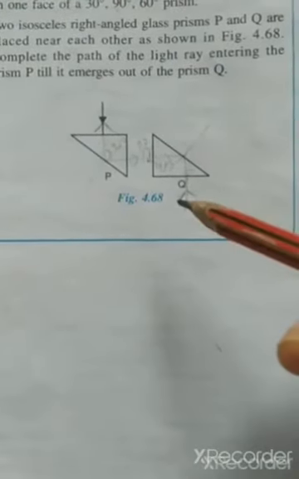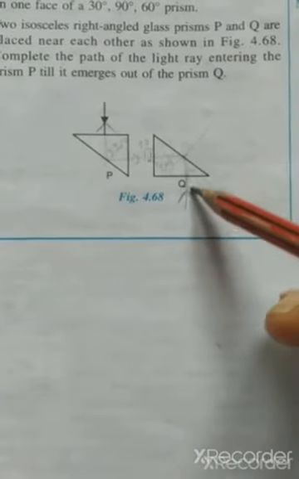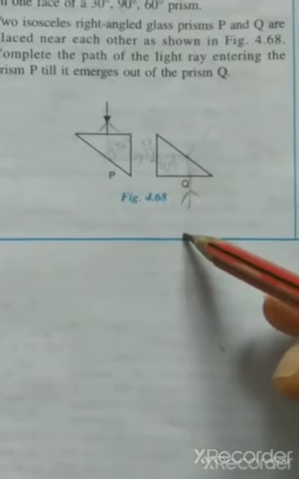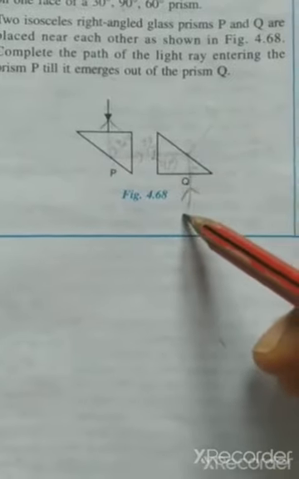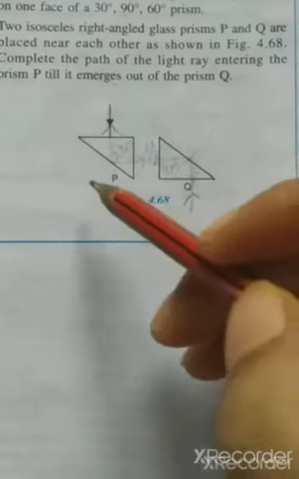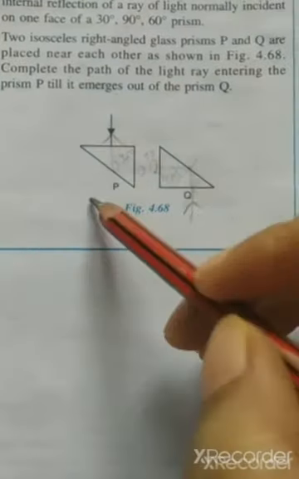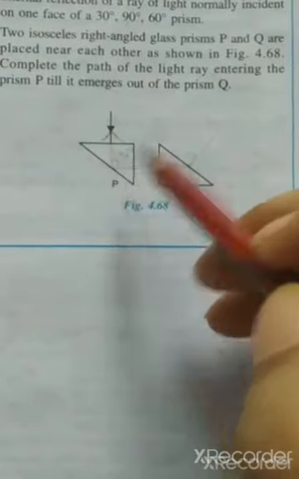So if the question is given like the ray of light is from here, again you have to draw the same diagram. If the ray of light is given in this direction, complete the path of the ray in this direction. Simple. You just draw a straight line, then this line, then this line. Complete. And then, drawing a normal, represent this 45 degree. Always you have to show the angle of incidence, and for that you have to draw a normal and then write the angle of incidence in all the ray diagrams.